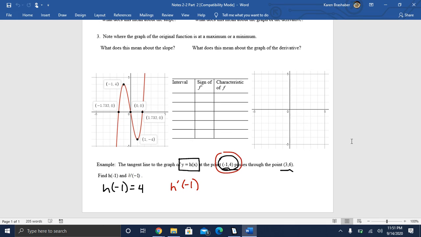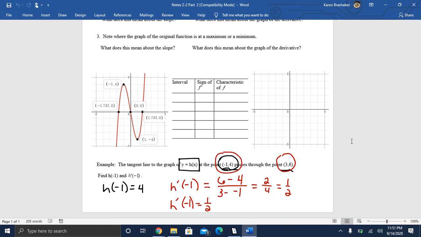If I have -1, 4 and 3, 6, I can find the slope using my formula for y2, which I'm going to use the 3, 6. So y2 minus y1 over x2 minus x1. And that would simplify to 2/4, which would simplify to 1/2. So h prime of -1 is 1/2.